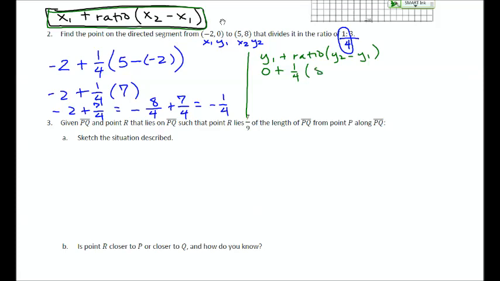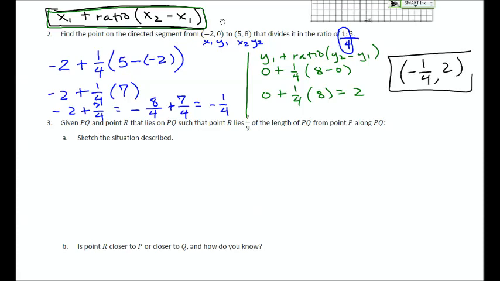Y sub 2 is 8 minus 0. So I have 0 plus 1/4 of 8 minus 0, which is 8, which is 2. So putting those together, I have -1/4, comma 2 is the point on the directed line segment from -2, 0 to 5, 8 that divides it in the ratio of 1 to 3.